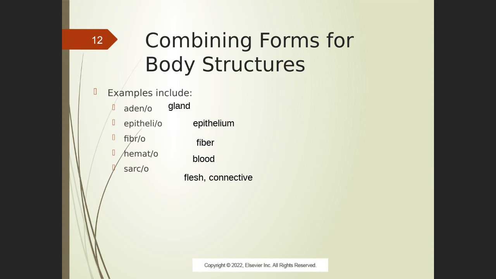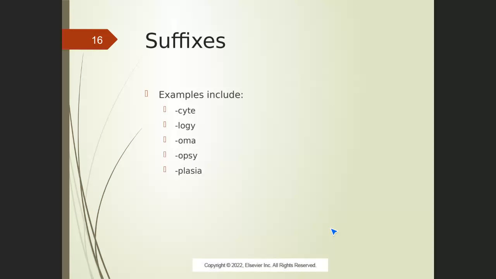Now, I'm going to show you how some things can change depending on what we attach to it. Notice that sarc means flesh or connective tissue. Now let me go to the suffixes. Here I have a suffix called oma. Oma means tumor, or it can also mean a swelling.